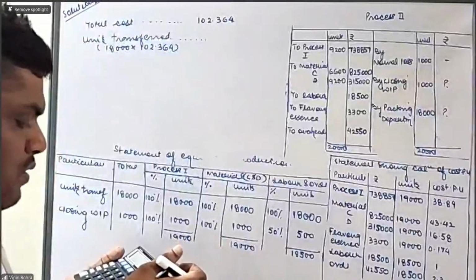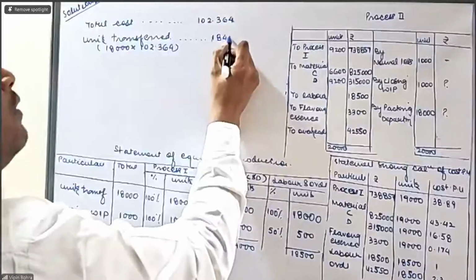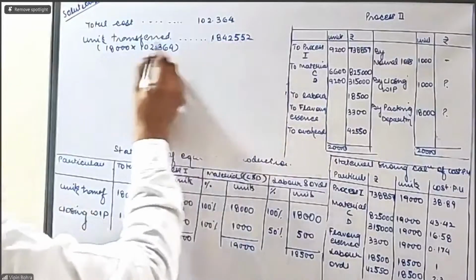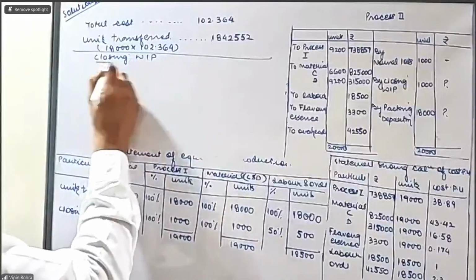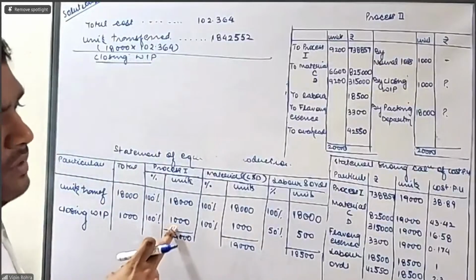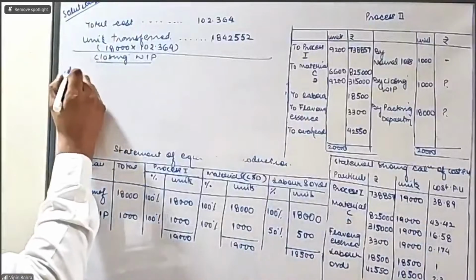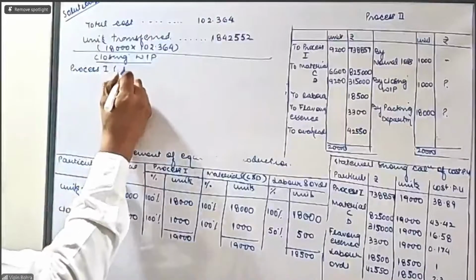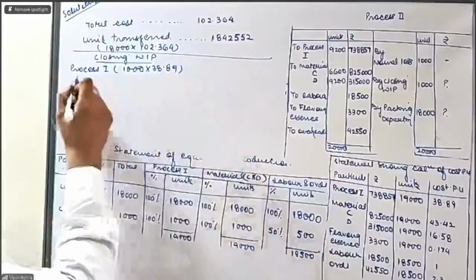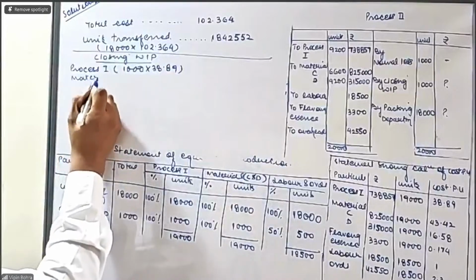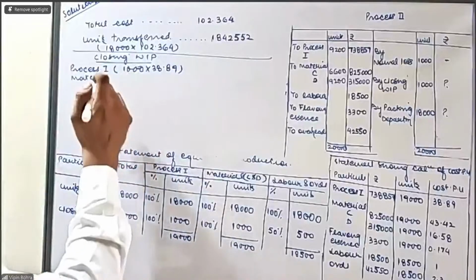When talking about closing work in progress, see, 1,000 units are common for all these items, 1, 2, 3, 4. For process first cost, it is 1,000 into 38.89. For material C also, since it is processed up to 100%, 1,000 comes from here.